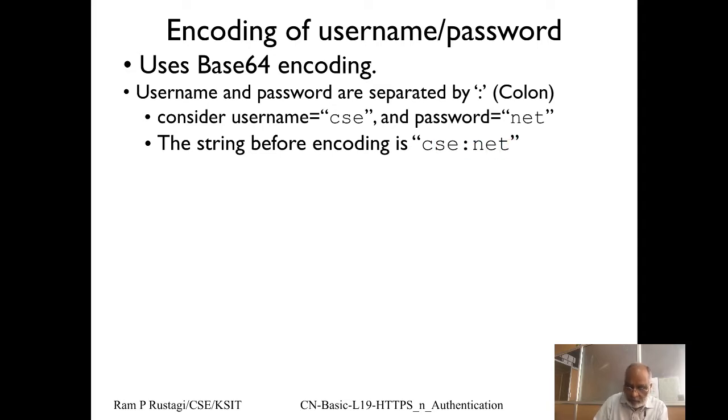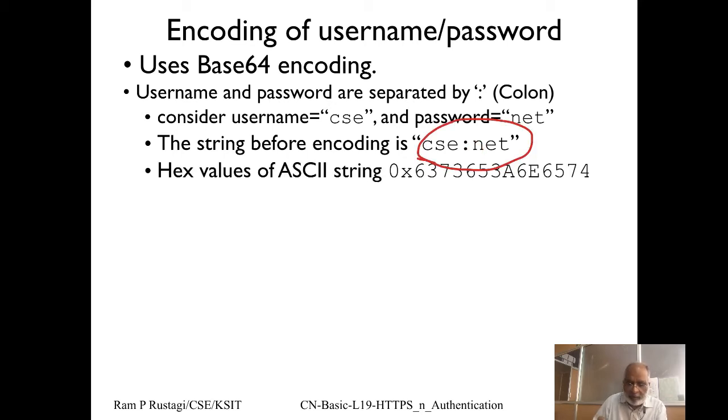When you represent this CSE:NET in ASCII hex coding, the values are: C is 0x63, S is 73, E is 65, colon is 3A, then N is 6E, then E again is 65, and T is 74.